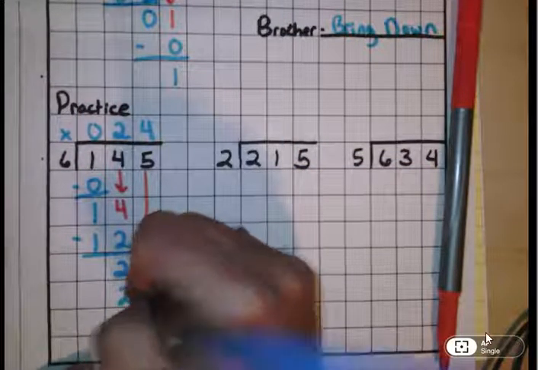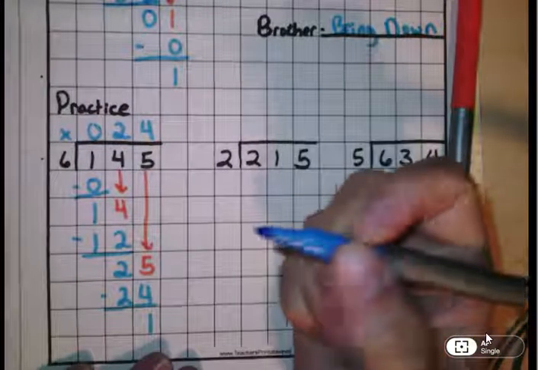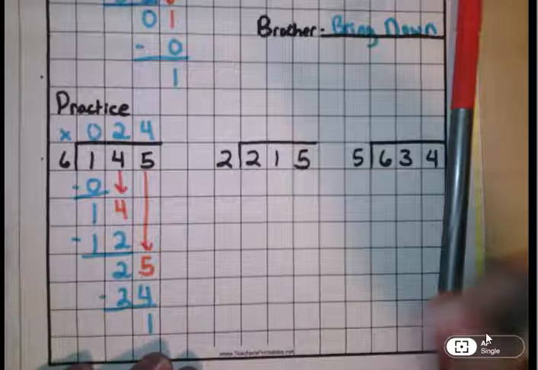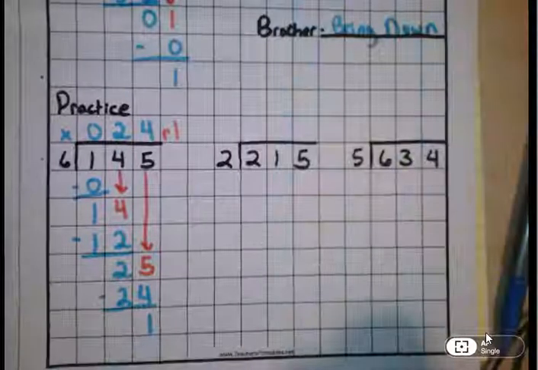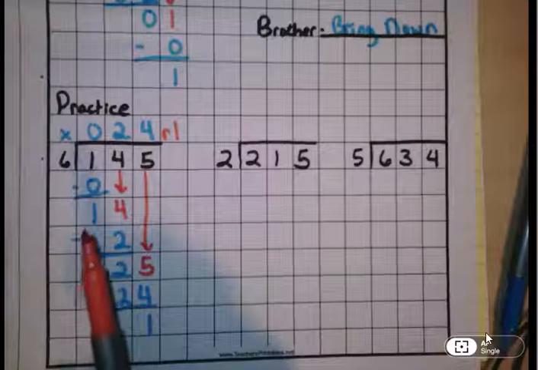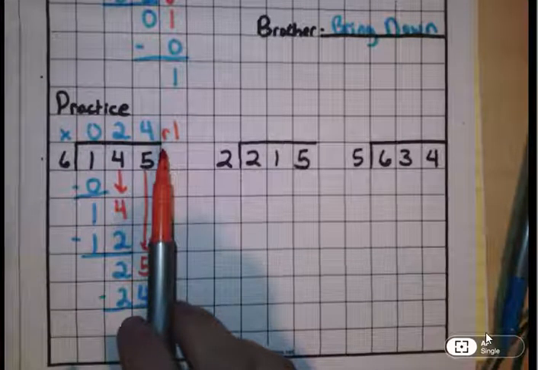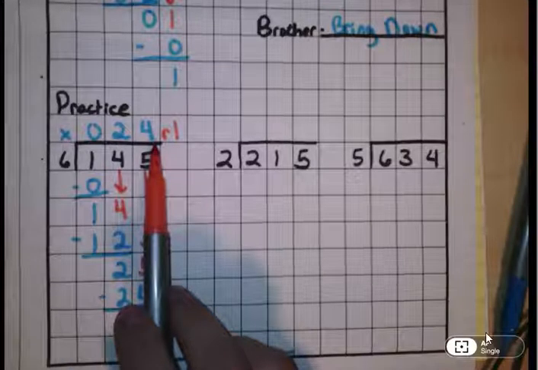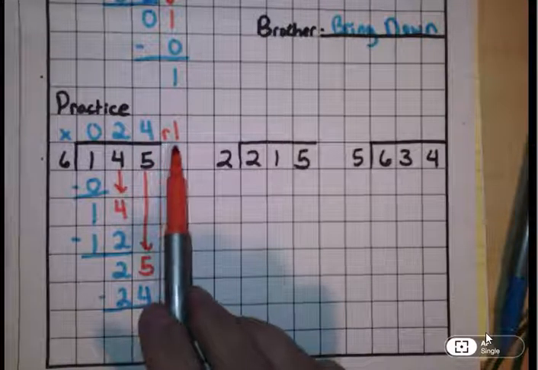We just multiplied. Subtract. Okay, and we don't have anything else to bring down, so we've got our remainder of 1. Okay, so what this basically means when we're talking about division is that we have 24 in each group, and there's 1 left over. 1 that did not fit.